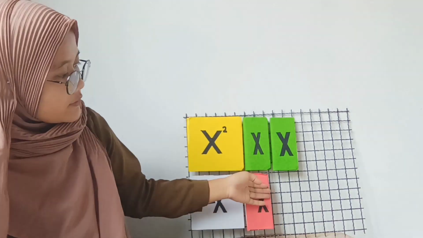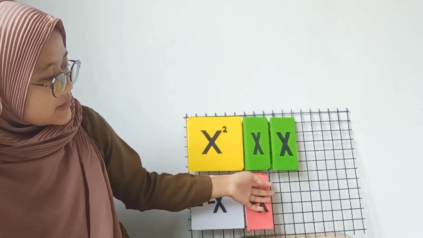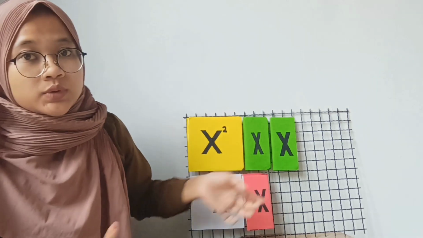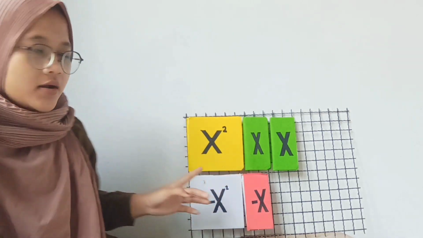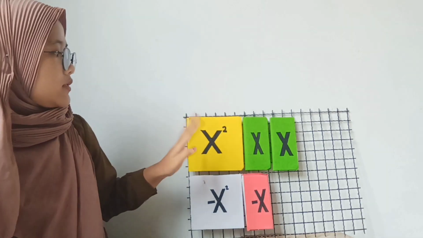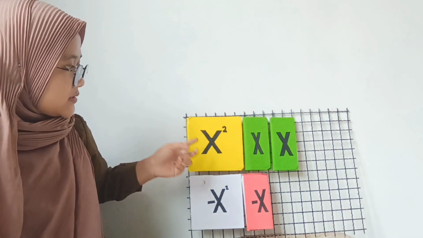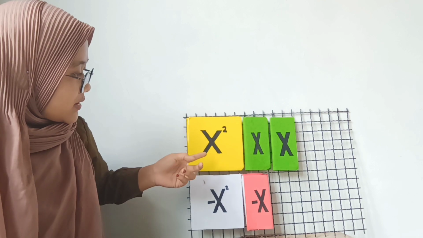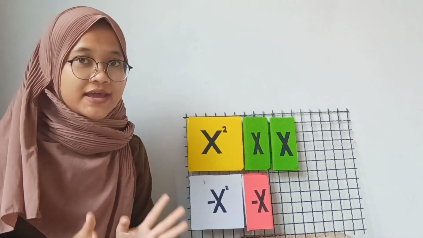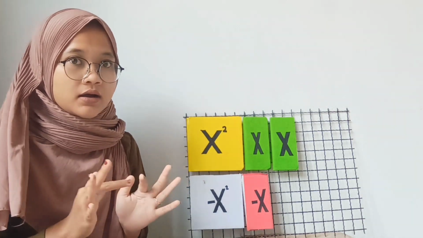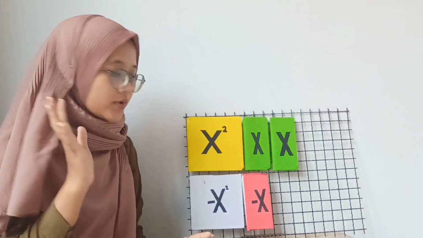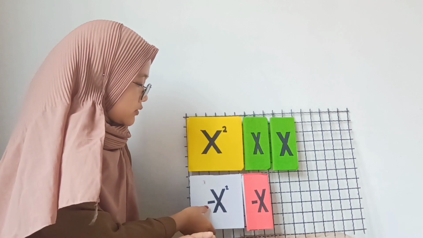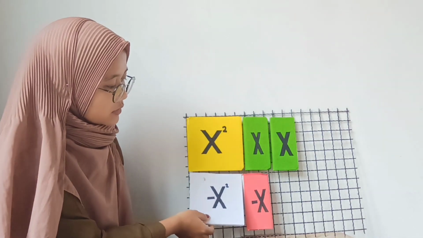The next I will do addition of these two equations, okay. In here I will do, this is x squared plus negative x squared will be together with 0. Then I will close this.